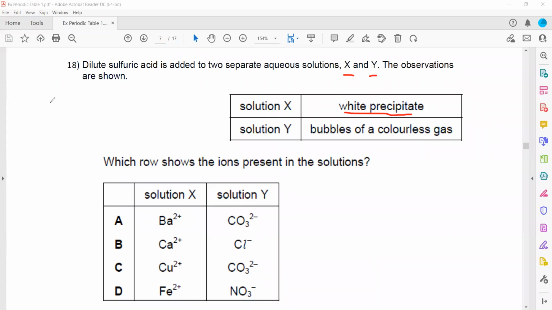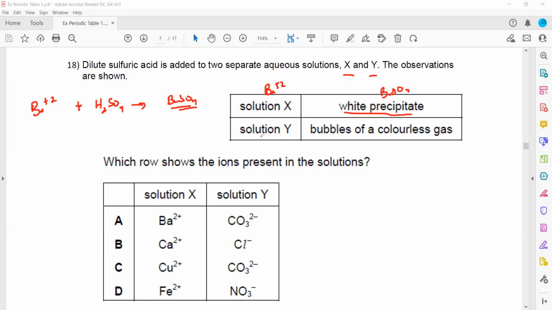What is the reason for the white precipitate? It means solution X contains a barium ion, because barium ion reacting with sulfate ion produces barium sulfate, which is a white precipitate.